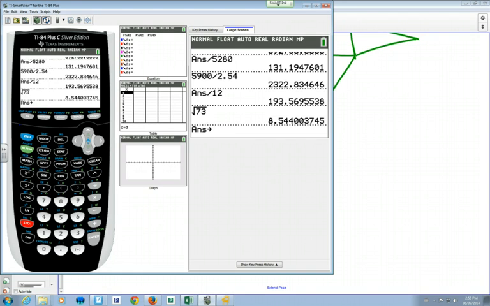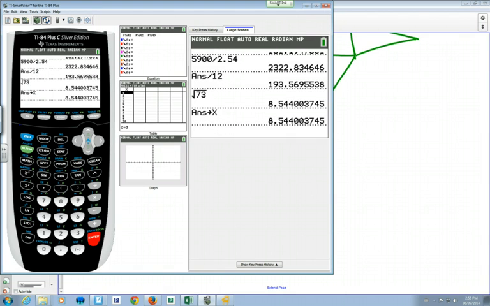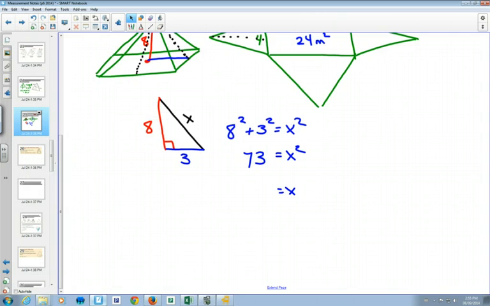Since we chose X while we were writing it, there is an X button right here. So if I go alpha X, my calculator is now remembering that X is 8.544, which is going to be helpful later. Going back to the question, my other triangle, I still have a height of 8 with a right angle.